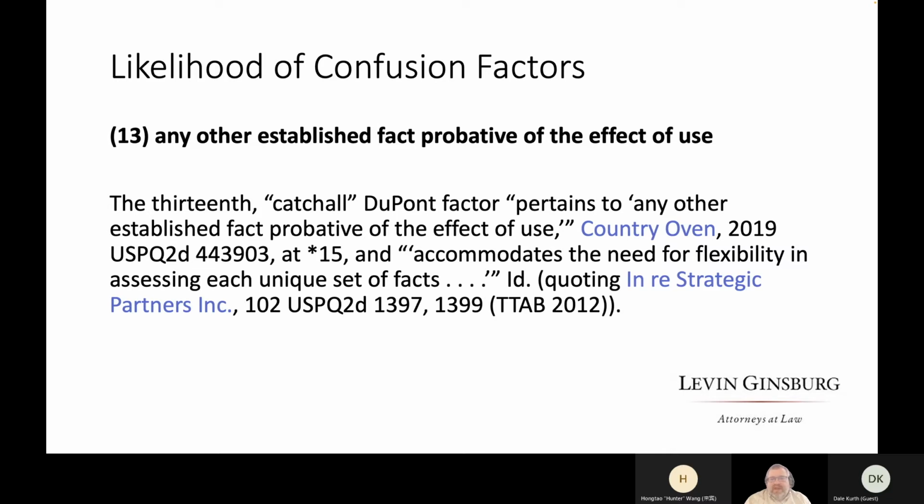It's the factor that pertains to any established fact that's probative of the effect of the use. If something comes up that's unique to the particular situation, that based on these particular facts the fact finder finds informative, that's where the 13th factor can come in.